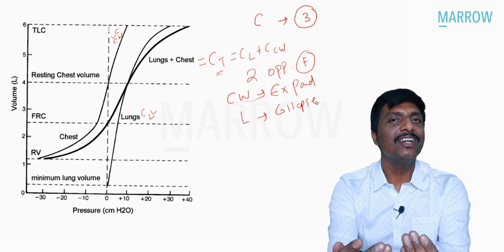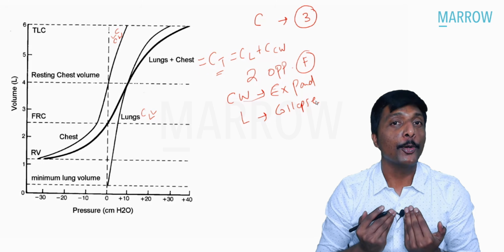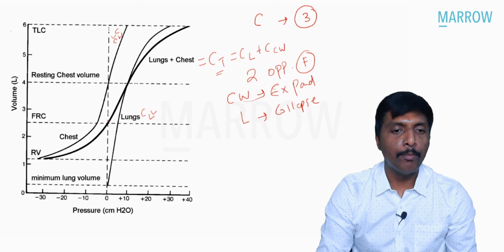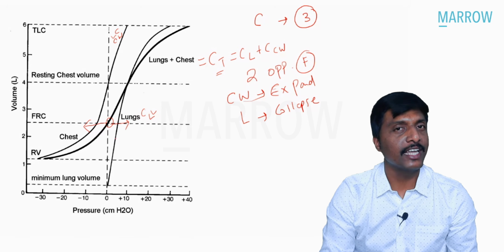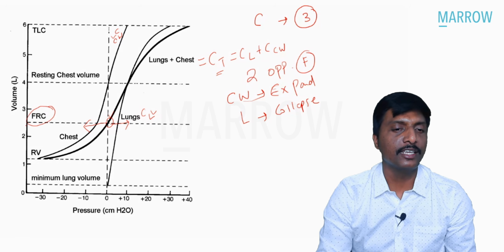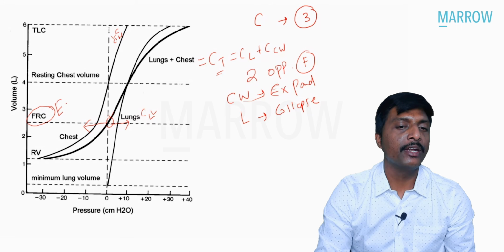Lung always has a tendency to collapse inside. There are two opposing forces, chest wall trying to move out, look into the arrow mark. Lung is trying to collapse inside. Both these opposing forces come to balance at one point. That point is FRC. You also call this point, remember guys, equilibrium point.